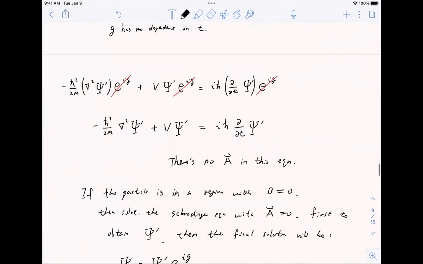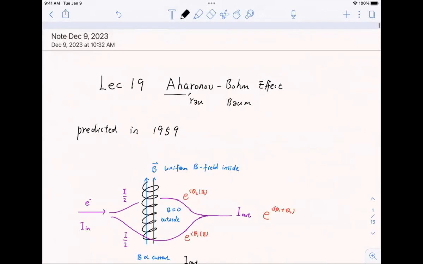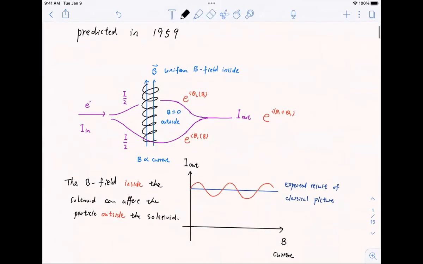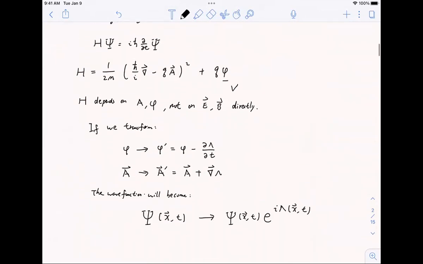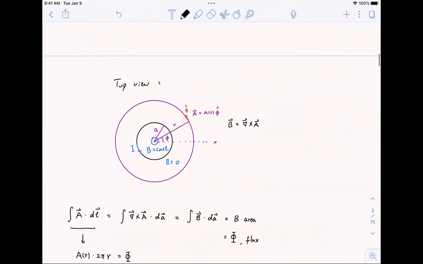Okay, so it's a kind of a long lecture. Let's review what we have done. First, we considered solving this Schrodinger equation for a particle moving in a loop. Then we found that the magnetic field will have some effect on the energy.